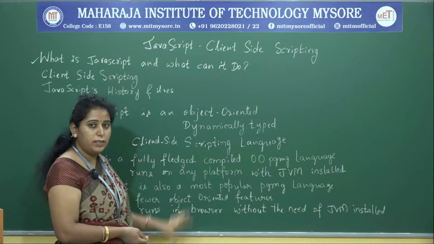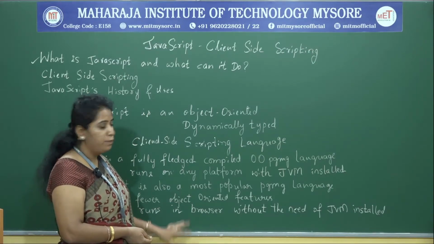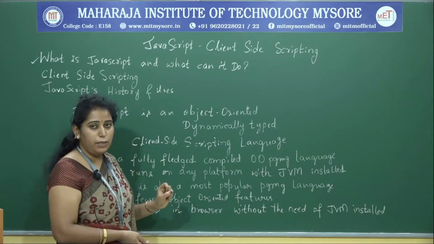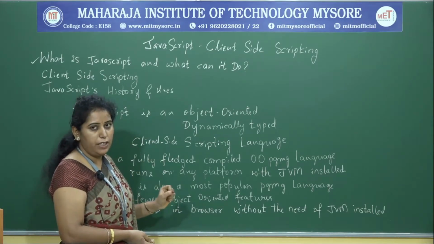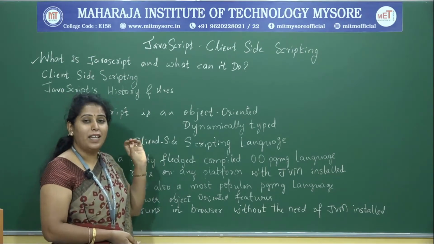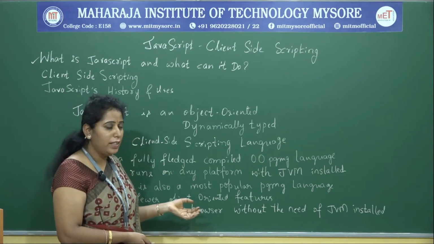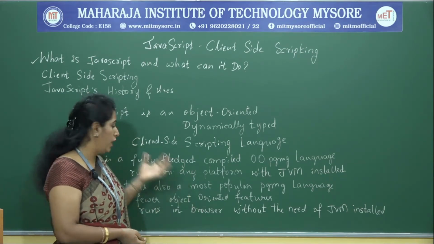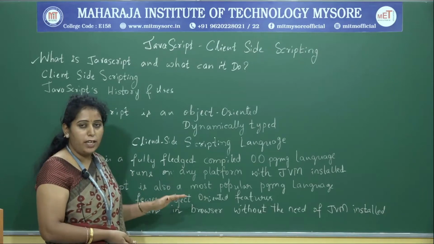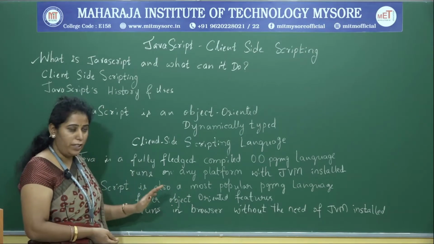In this complete chapter you will get to know how JavaScript is named a client-side scripting language. Since JavaScript contains the term Java in it, you may doubt whether Java and JavaScript are the same. No, it is not the same, it is comparatively different.